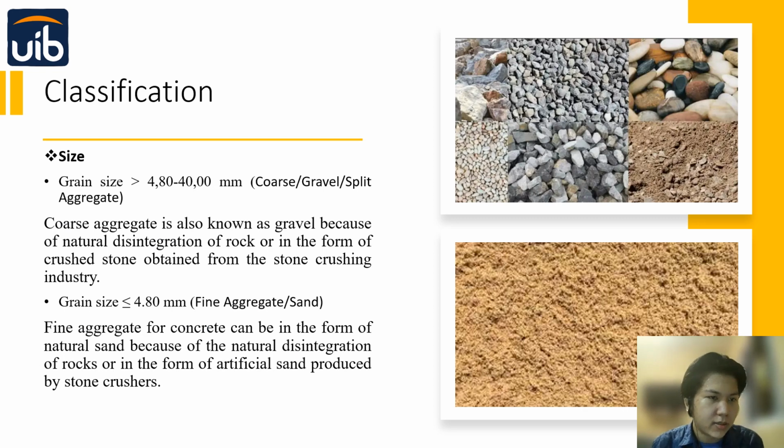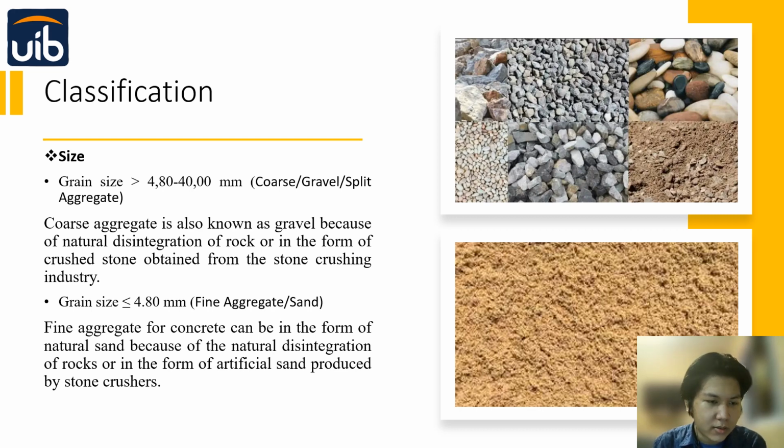Based on size, aggregates are divided into two. Grain size 4.8 to 40 millimeters is known as coarse aggregate. Coarse aggregate is also known as gravel because of natural disintegration of rock, or in the form of crushed stone obtained from the stone crushing industry.